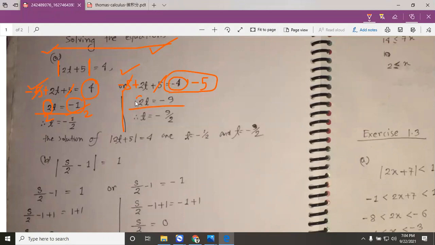Then we divide by 2, so we get our final result: t is equal to minus 9 by 2. So the solutions of the absolute value of 2t plus 5 equal to 4 are t is equal to minus half and t is equal to minus 9 by 2.